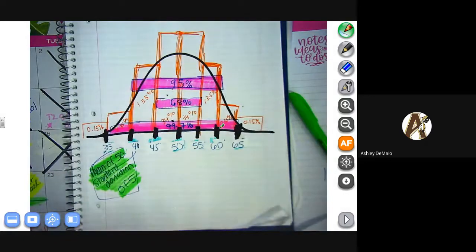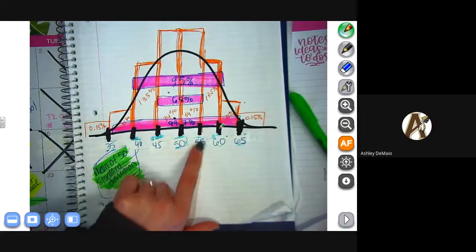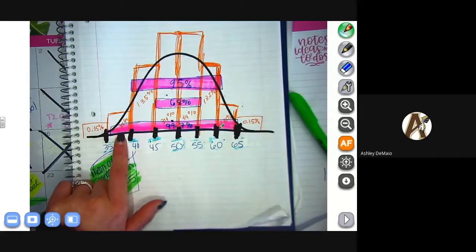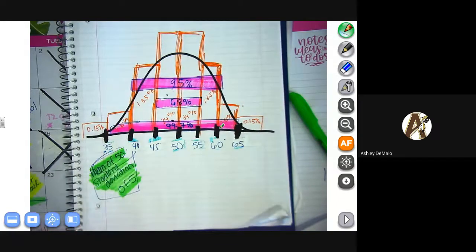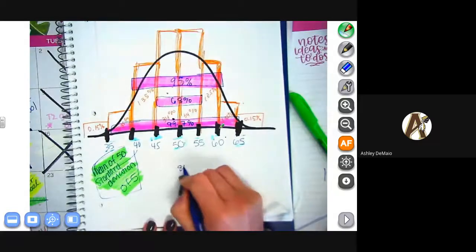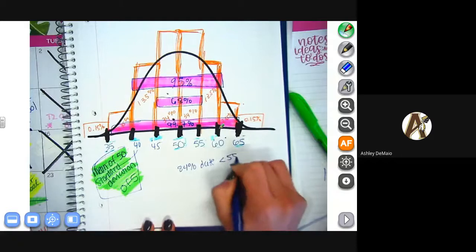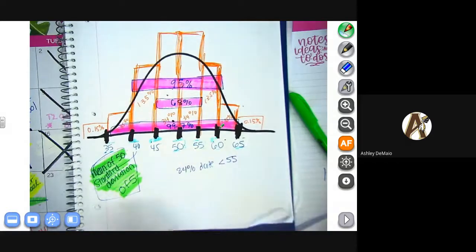So if you add those all up, we have 68 plus 13.5 plus 2.35 plus 0.15, which is 84% of the data. So 84% of the data is less than 55. So B is false as well.